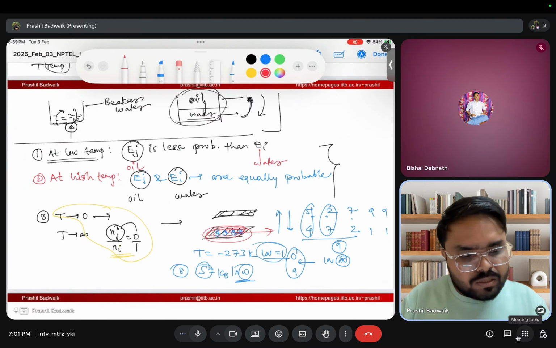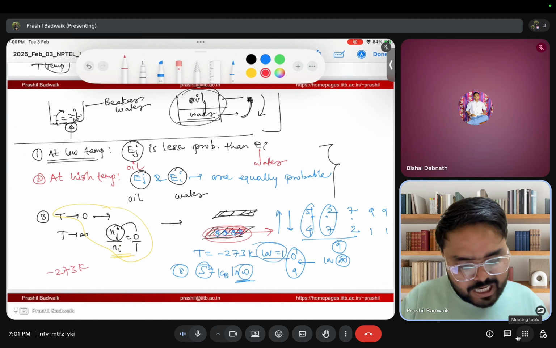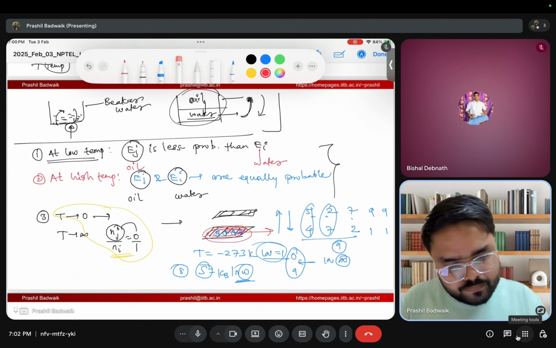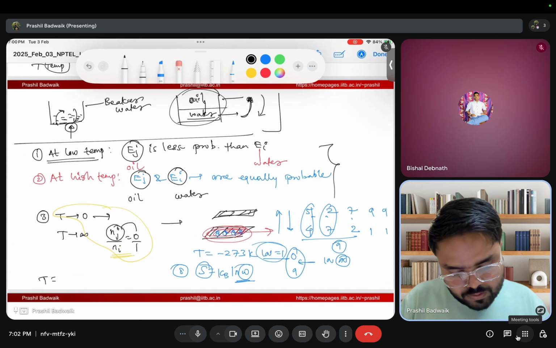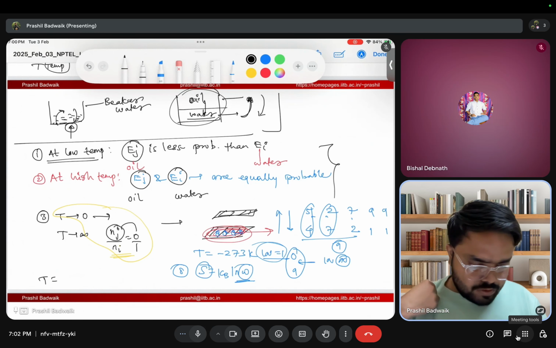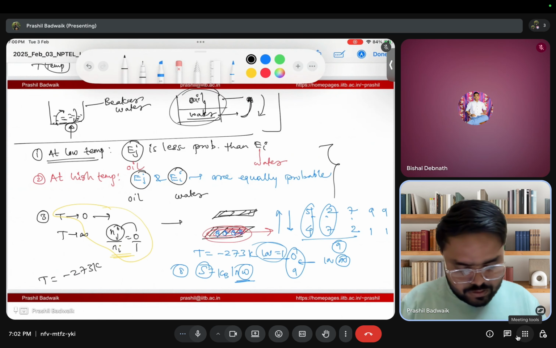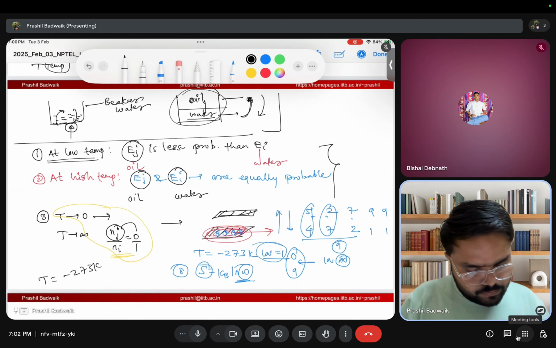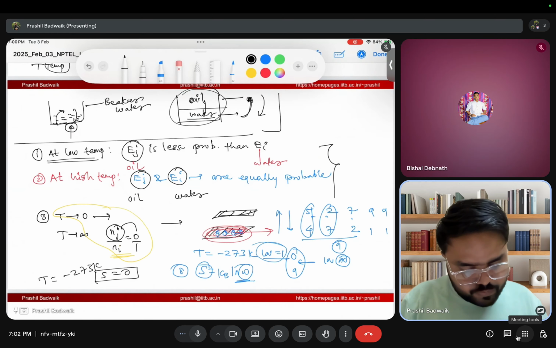That means at minus 273 Kelvin, no, it is at absolute 0, right? Minus 273 Kelvin, S is equal to 0.